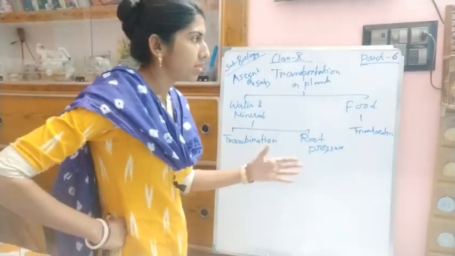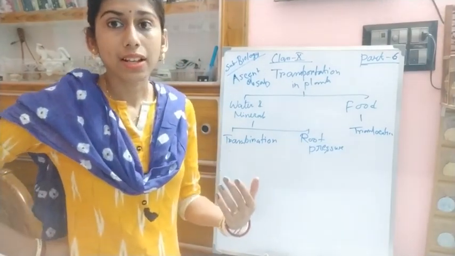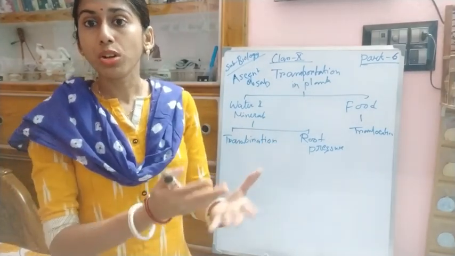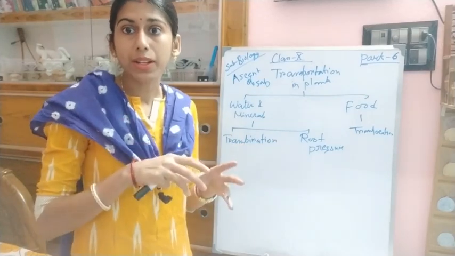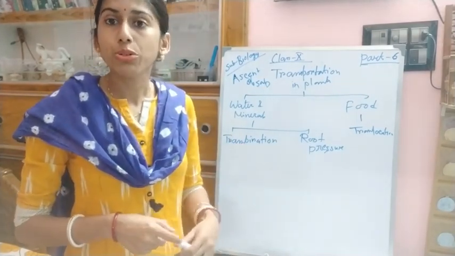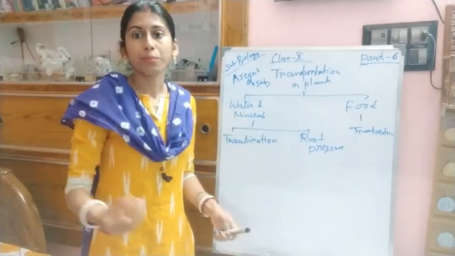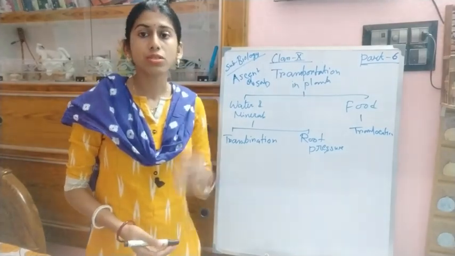Due to transpiration, from the leaves a huge amount of gases and water molecules are moving out of the plant in gas form. So there is a vacant space, and that creates a suction pressure, and due to the suction pressure the water moves from the root hairs to the upper parts of the plant.